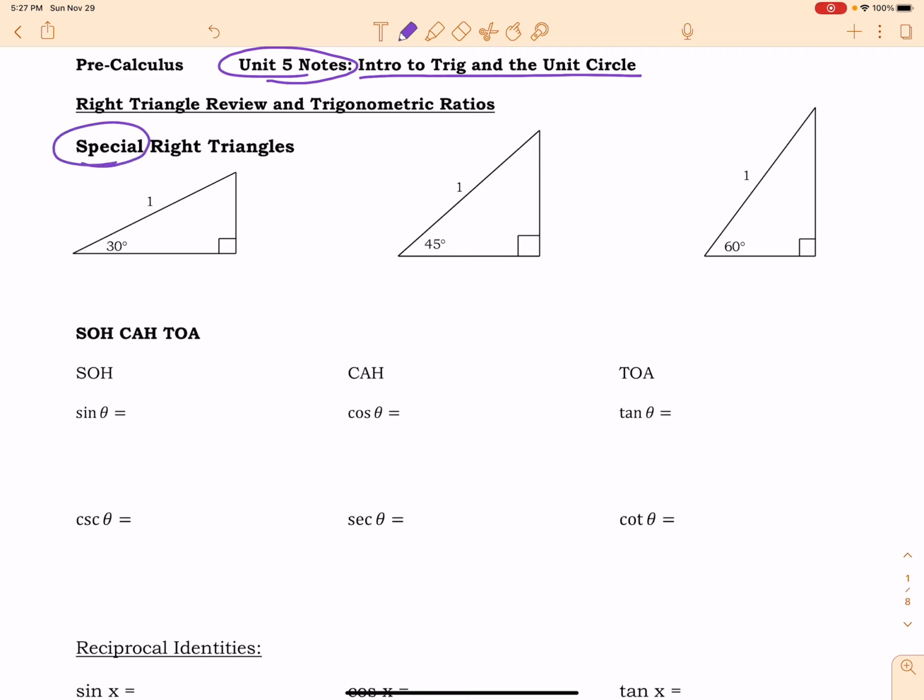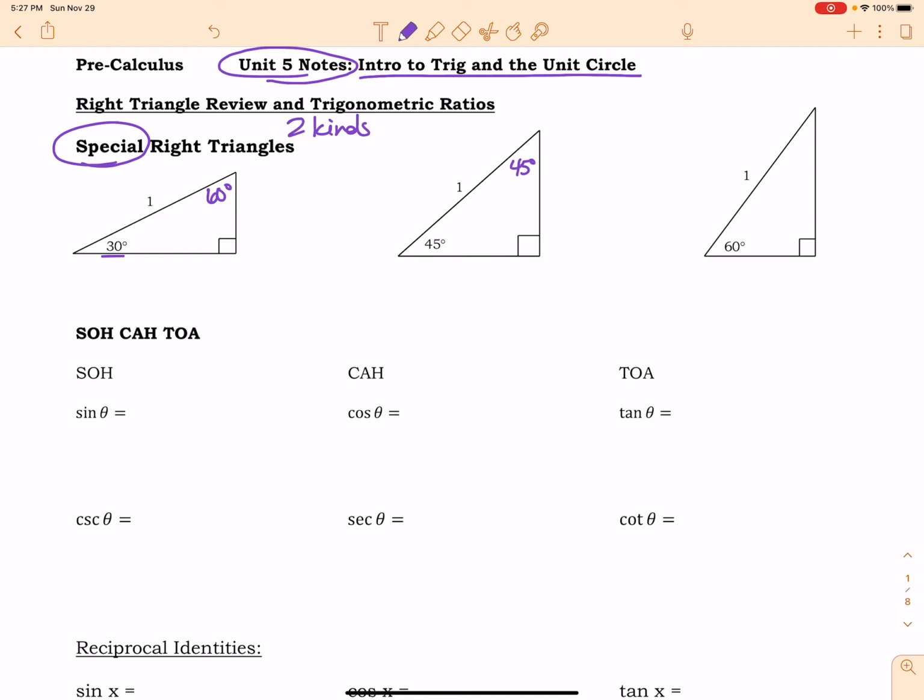Now, I already did a video on right triangle review, but now we're going to get more specific and talk about special right triangles. There are two kinds of special right triangles. One kind has a 30-degree angle and a 60-degree angle, and the other kind has two 45-degree angles. So we're going to just talk a little bit about these.